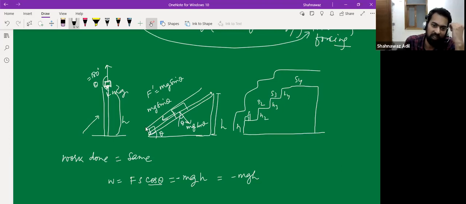What is the length that it completes? Let's say this is L, this is B and this is H, and this is the displacement. So what is the angle between the force and the displacement? Theta prime is 180 degrees.